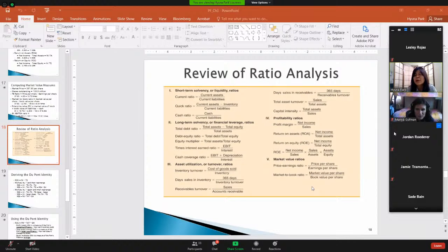But I also emphasized that high liquidity ratio is not always a good thing, because current assets, liquid assets, don't generate high return, but the capital is costly. So just the right level of liquidity.